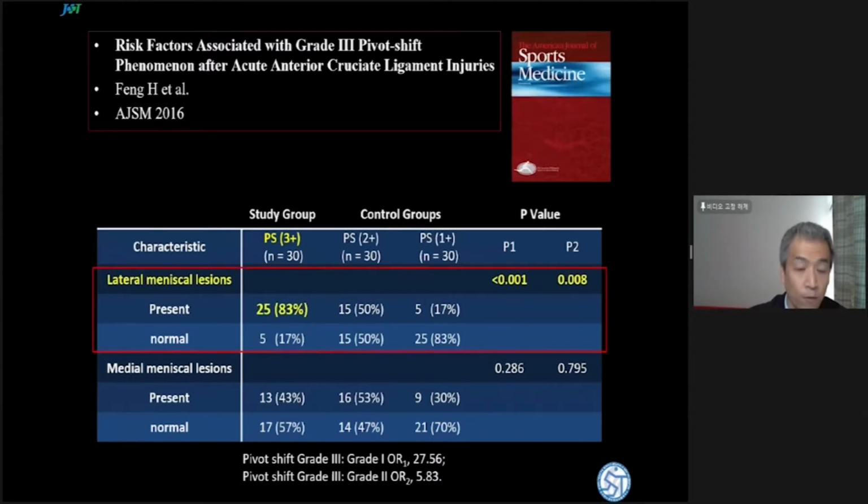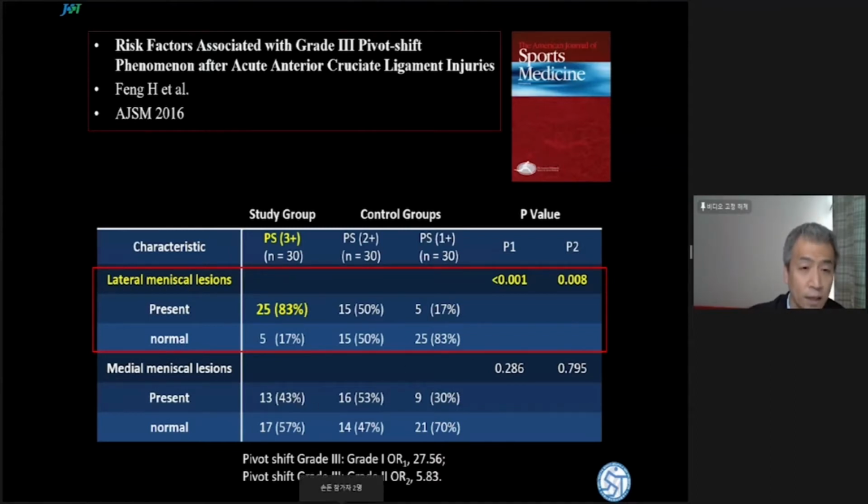We found that for the high-grade pivot shift, patients have a significantly higher injury rate of the lateral meniscus, around 80%. For 2+ it's around 50%, and for 1+ it's less than 20%. But for the medial side, there is almost no difference.